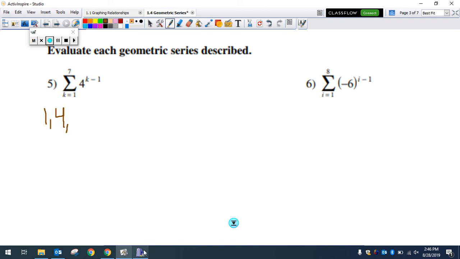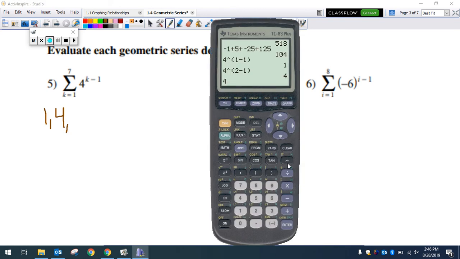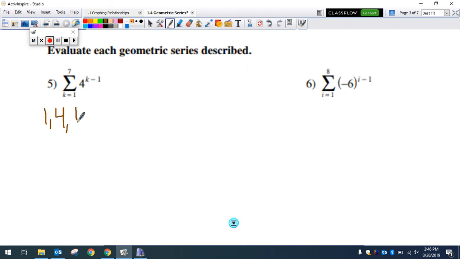I'm going to do it again for a 3. I'm going to do 4 raised to the 3 minus 1. Oops, I forgot a parentheses. And that gives me 16. And you would go on and on until you got 7 terms. So I have 3 terms right now. The next one would be 64 when I plugged in a 4.